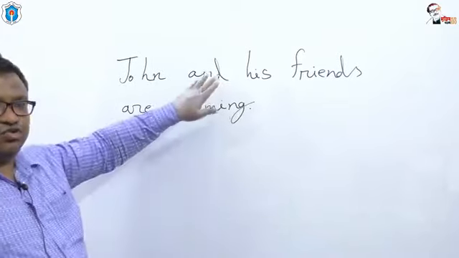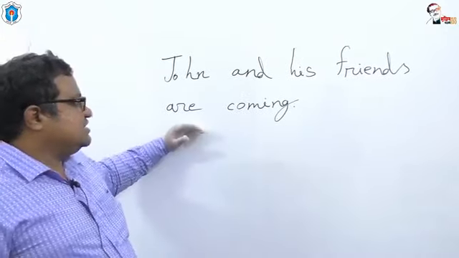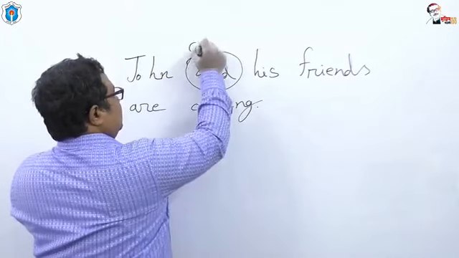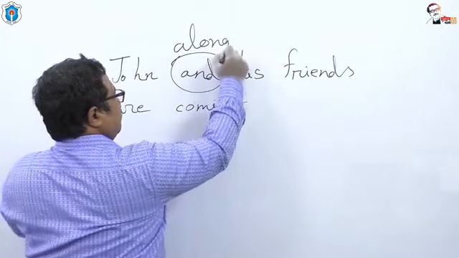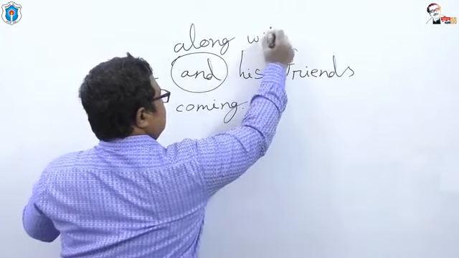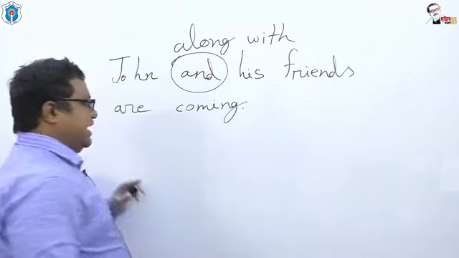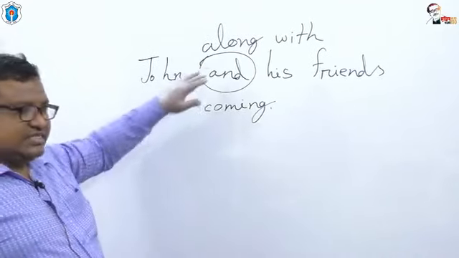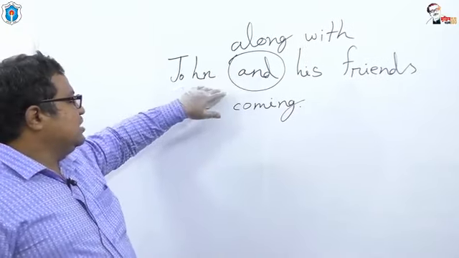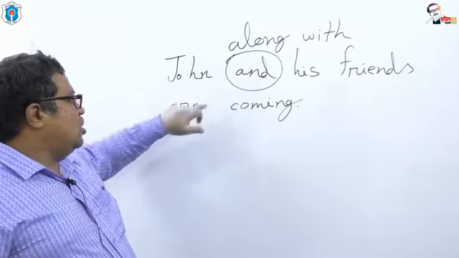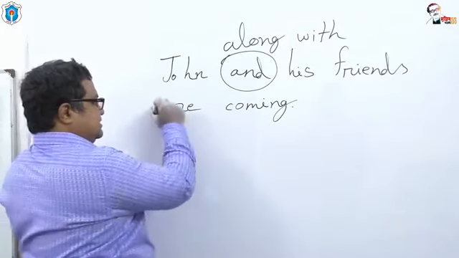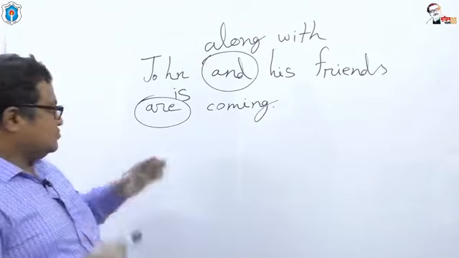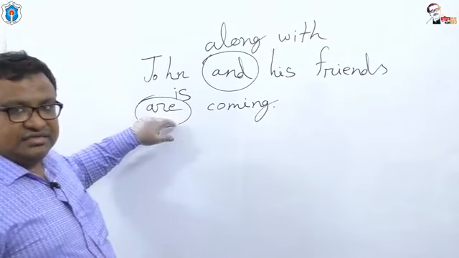This sentence is okay. John and his friends are coming. But if I say John along with his friends are coming, is it okay? The answer is no, it is not okay. Rather, we will use John along with his friends is coming, not are coming.